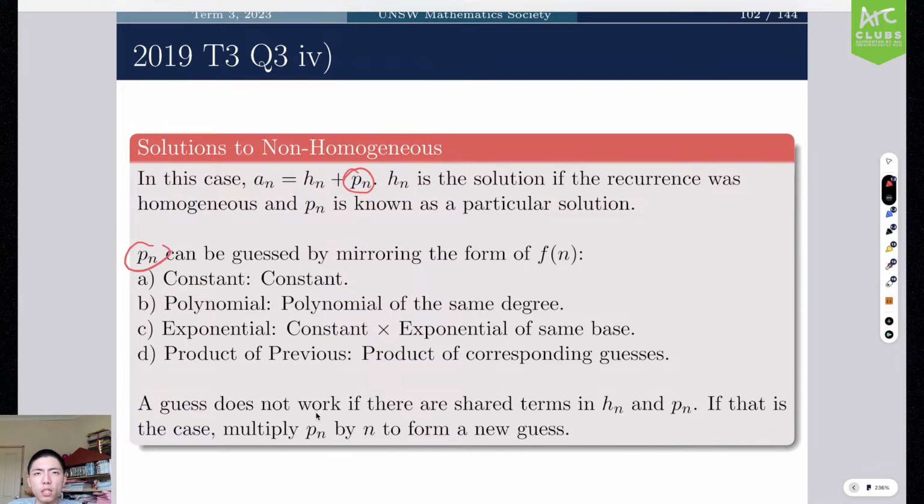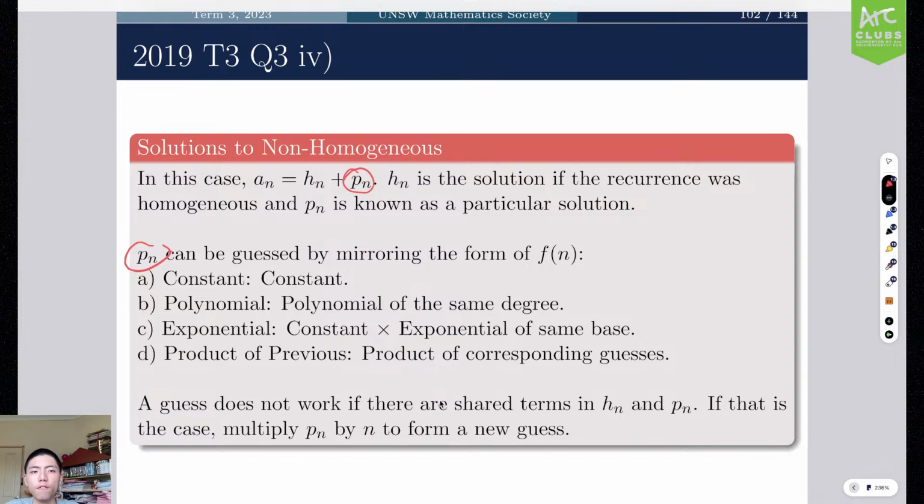Well, we can find this particular solution by guessing a general mirror form of the thing on the right hand side. So if it is a constant, then we just guess a constant, let it be c or something. If it's a polynomial, then we just let it be a polynomial of the same degree. If it's an exponential, then we will just do a constant multiplied by the exponential using the same base. And if it's a product of the previous stuff, then we make the general form a product of the corresponding guesses with each other.